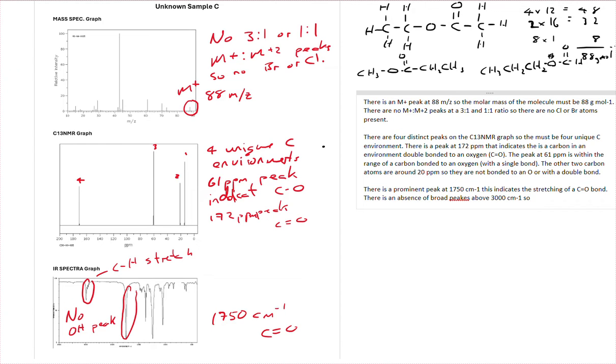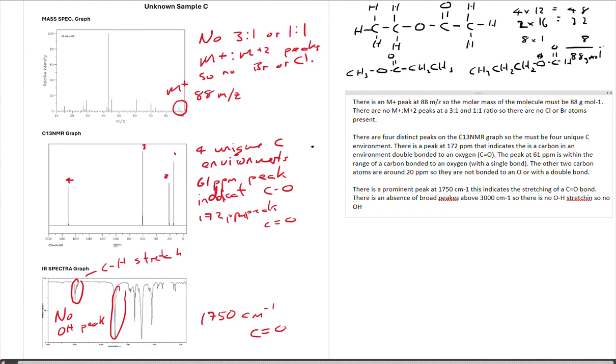So there is no oxygen to hydrogen stretching. So no OH functional group.